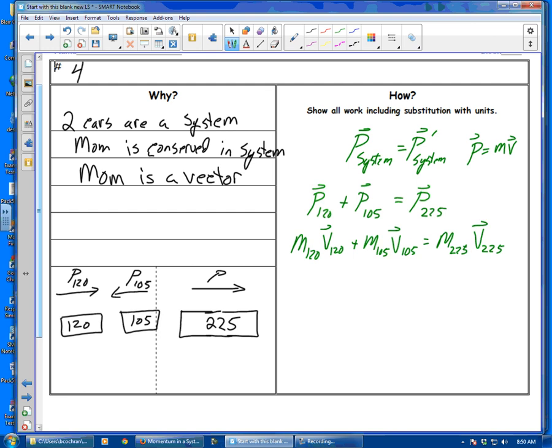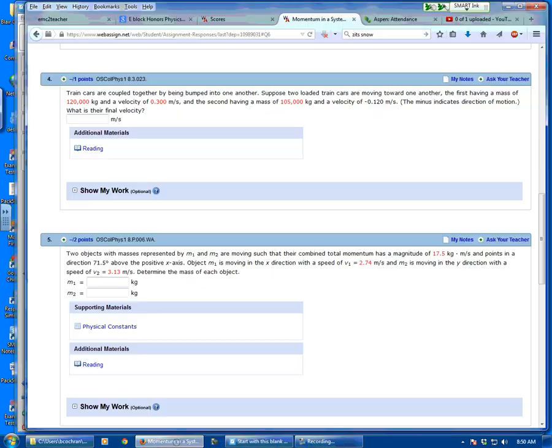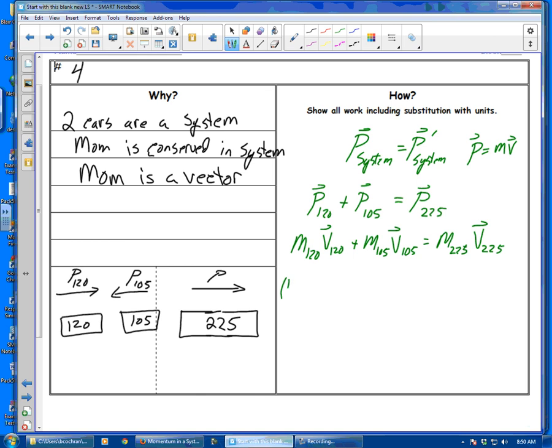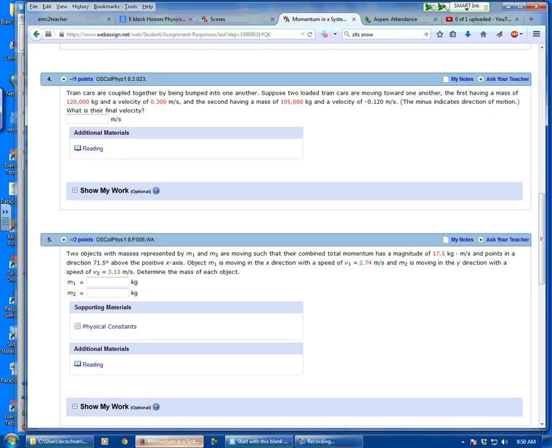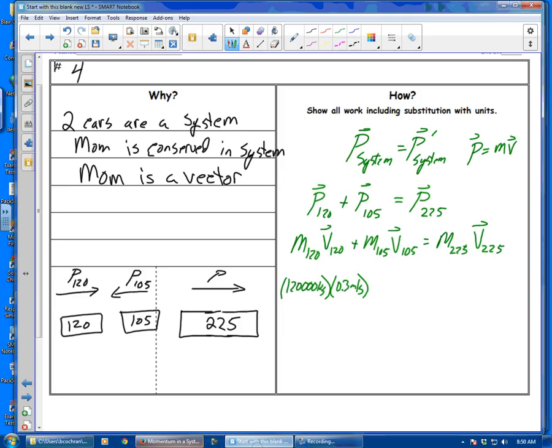So then I would just substitute in my values. I know the inertia of the 120. I know the velocity of the 120. Right? Inertia of the 120 is 120,000 and 0.3. So I'm going to do 120,000 kilograms times 0.3 meters per second. I think it's meters per second. Yeah. And then 105 in negative.